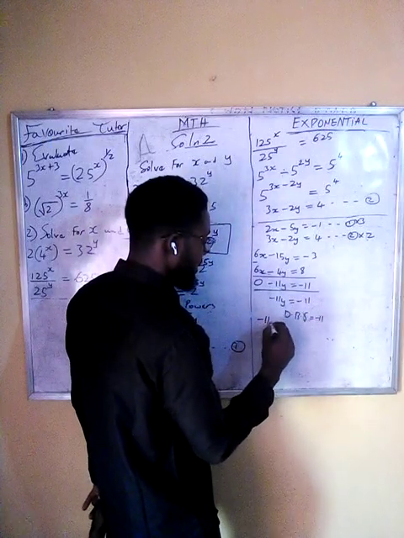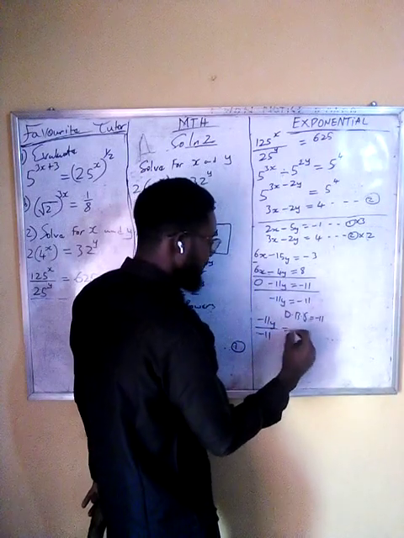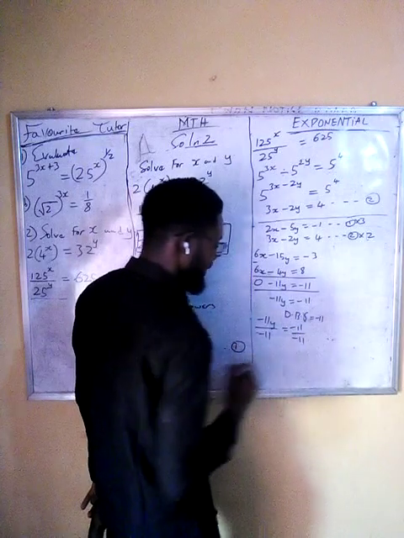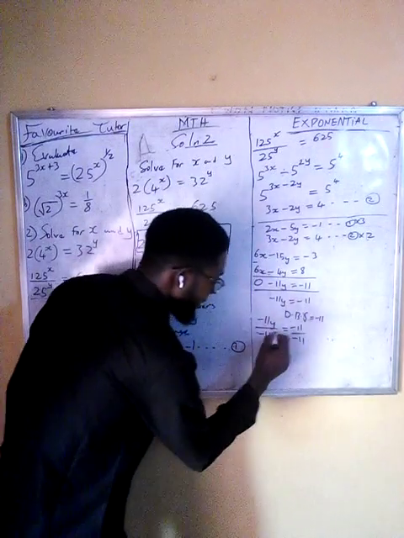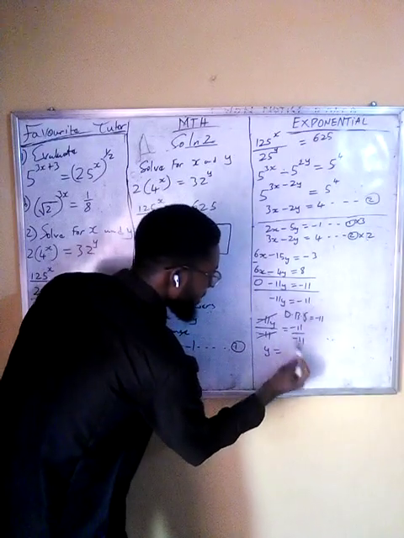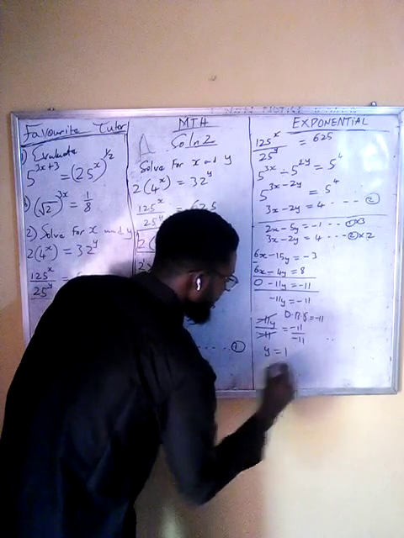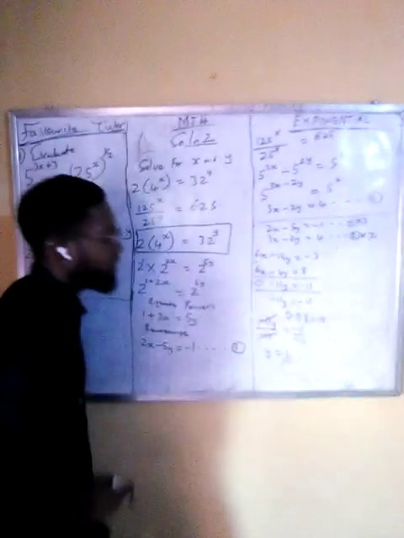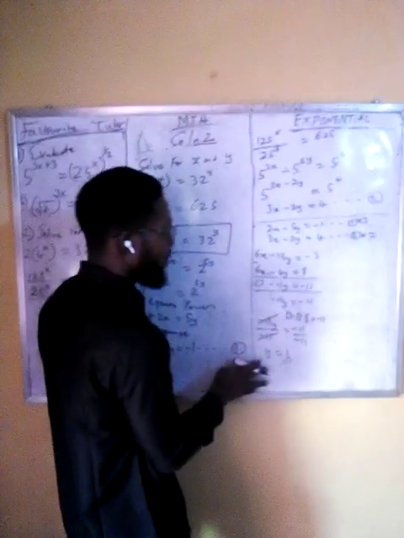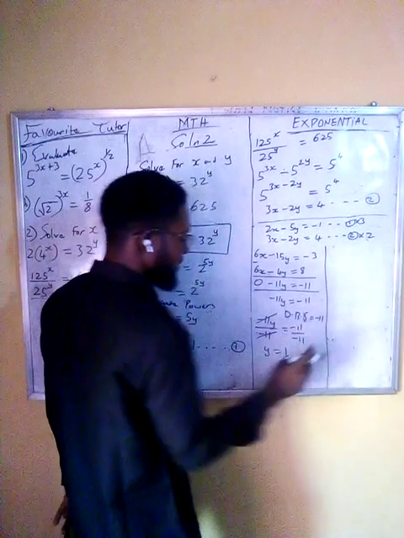Minus 11y divided by minus 11 equals minus 11 all over minus 11. Minus 11 cancels out minus 11, so y equals minus divided by minus is plus, 11 divided by 11 is 1. y equals 1. So right here we have the value for y.